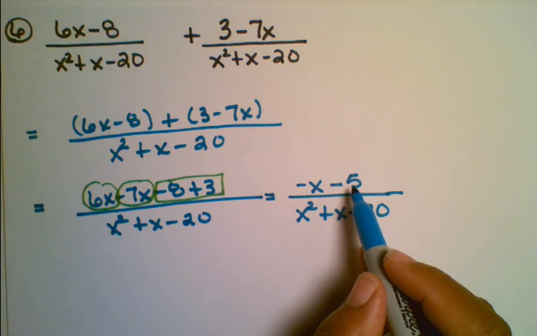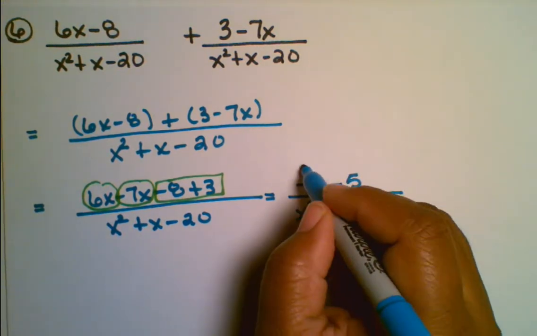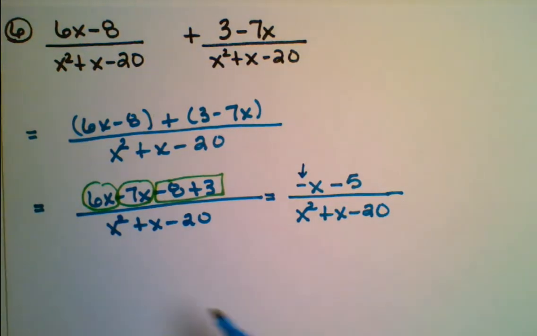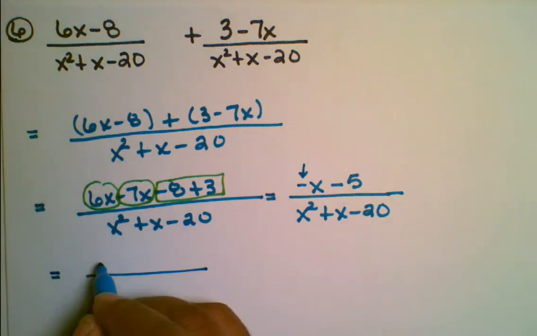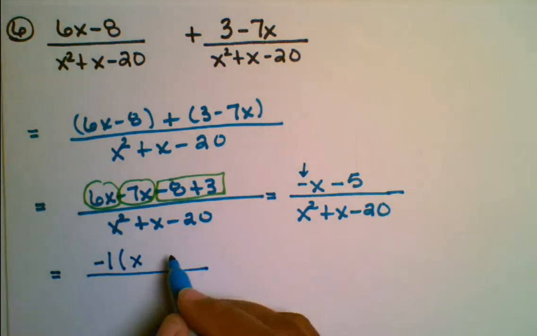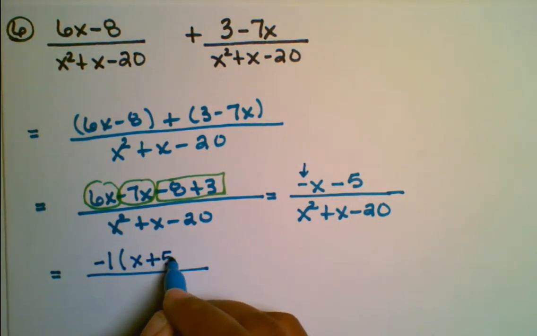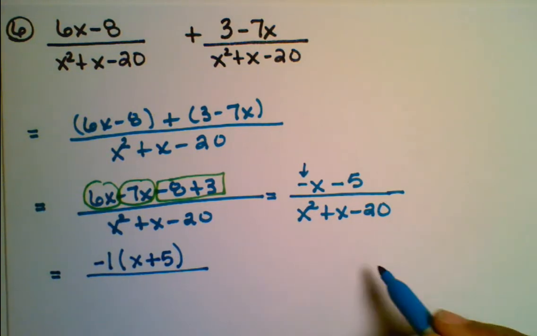And then also look at the numerator. Remember, we never want to have a negative first term. So that means we're going to factor out a negative GCF, and that GCF is going to be negative 1. Therefore, the negative x becomes a positive x, the minus 5 becomes a positive 5, and we have negative 1 times x plus 5. Then our denominator.